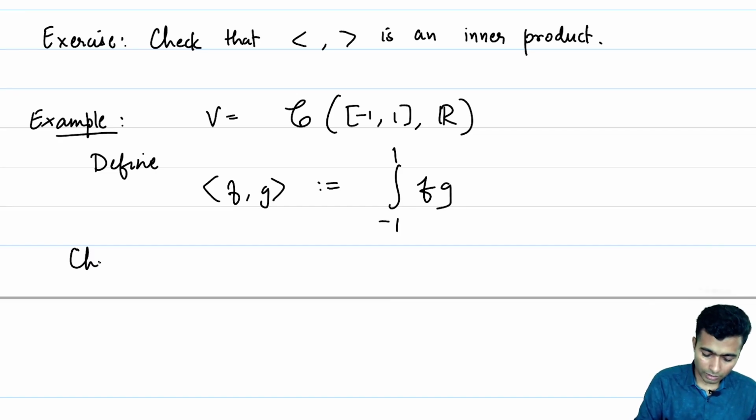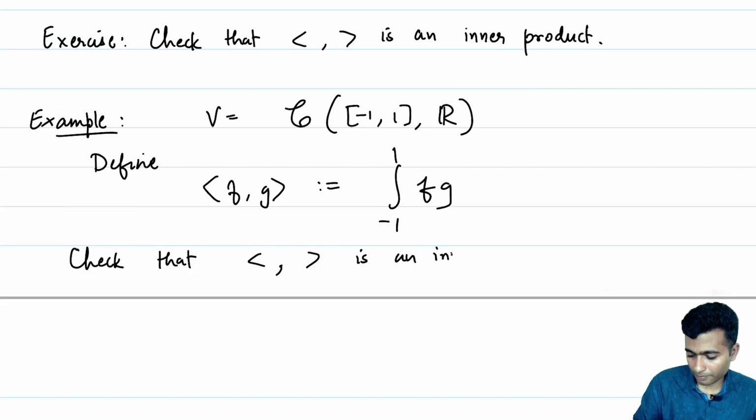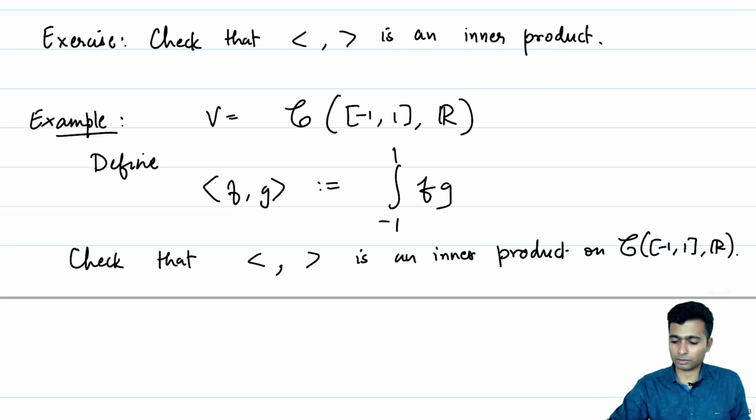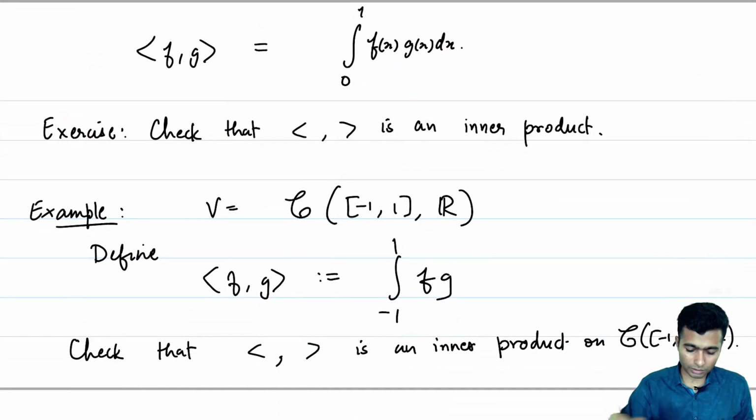Then check that this is an inner product on C[-1, 1] to R. What is this number of example? This is example 5.